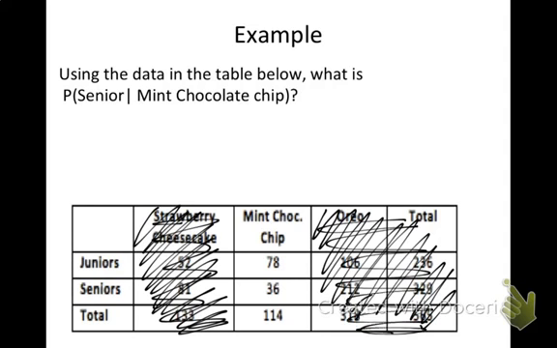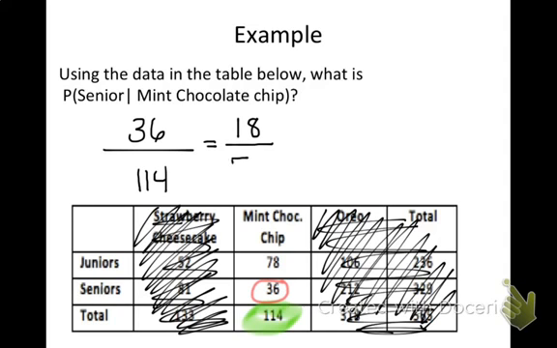We're given that the favorite ice cream is mint chocolate chip, so we're only choosing from 144 people, because that's how many people like mint chocolate chip in total. Now, how many of those people are seniors? 36. Now, that we can simplify. I don't have a calculator, but let me see. I know that would be 18 over 57.